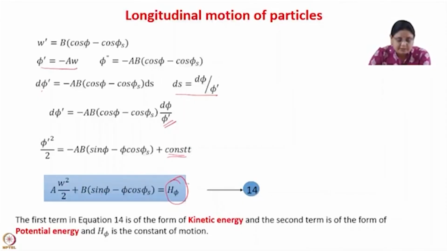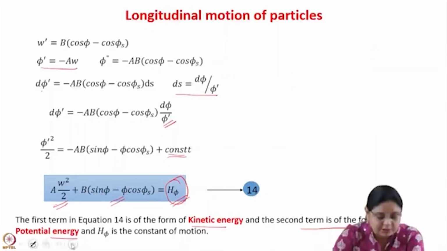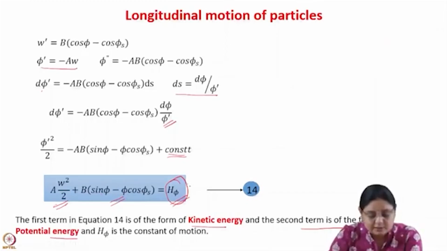Now if you look at this expression, it looks like there is a kinetic energy term and there is a potential energy term, and this is like a Hamiltonian which is constant. So the first term is of the form of a kinetic energy and the second term is of the form of a potential energy, and H phi is the constant of motion. So let us try to understand this expression.